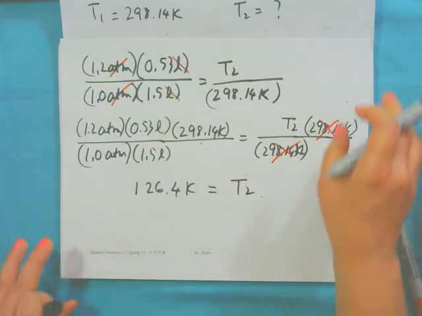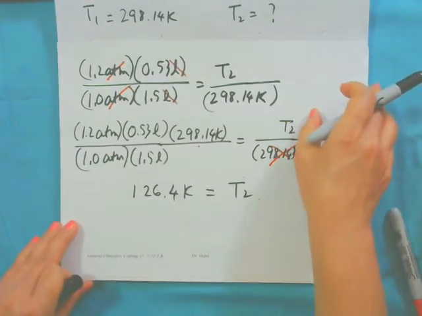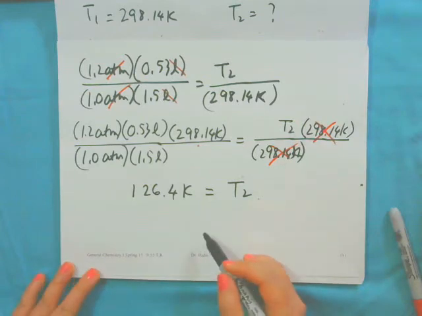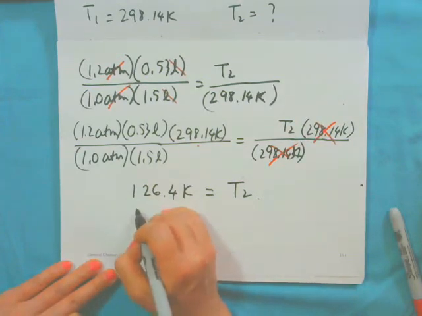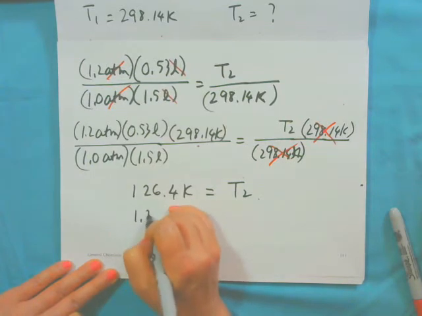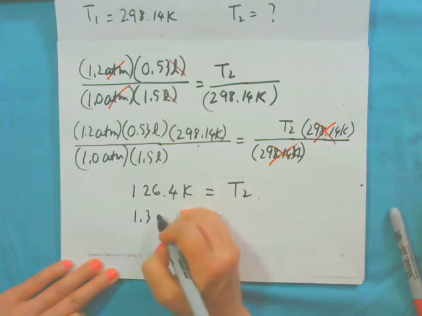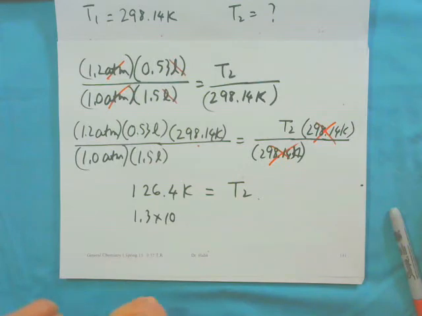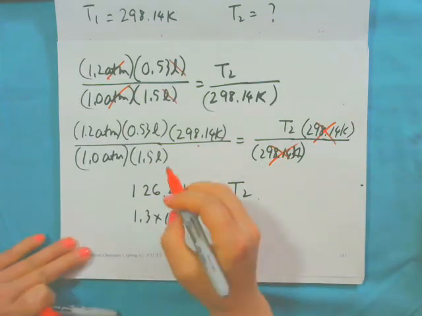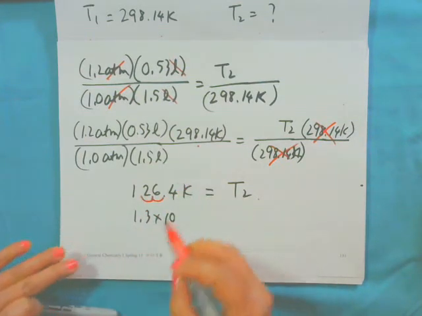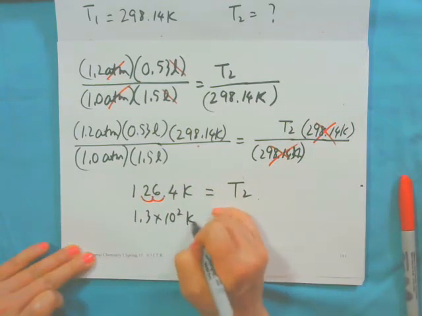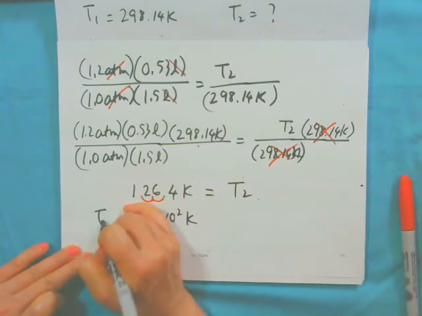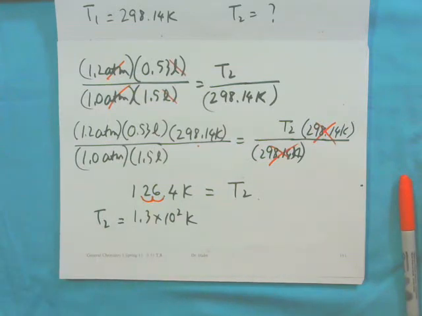I don't usually count off much or at all for incorrect significant figures, but to actually get the correct number of significant figures, I'm going to say that this is going to be 1.3, because we're going to round up, times 10 to the, and we can move that decimal point over, so 1, 2, so 10 to the second Kelvin is equal to T2. So there we are, end of that word problem.